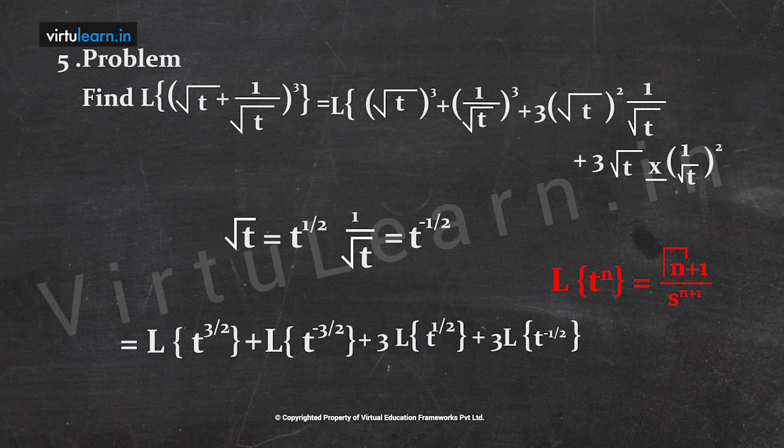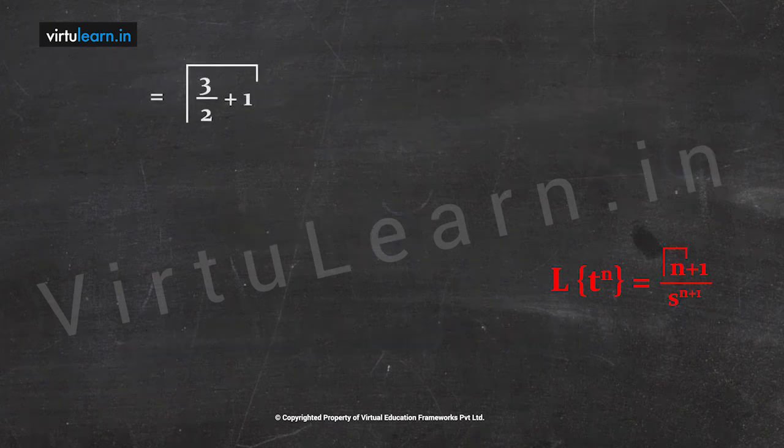Then I immediately gave you another formula: gamma(n+1) by s^(n+1). Using that formula, for t^(3/2) we get gamma(3/2 + 1) by s^(3/2 + 1). You should not use factorial when the power is a fraction.